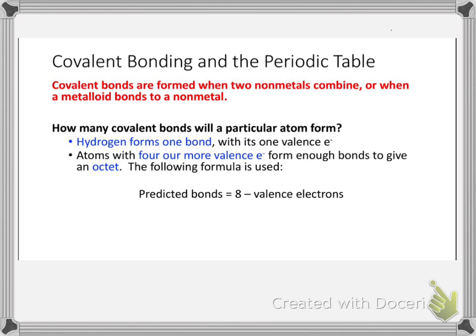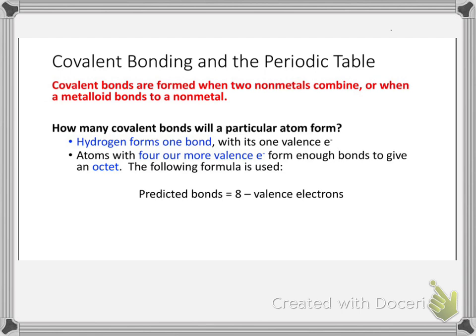And so our question is, how many covalent bonds will a particular atom form? Now, for some of these atoms, this will always be true. For other atoms, things like oxygen in particular, nitrogen sometimes, it may vary just ever so slightly. But I have a plan for that, so don't worry.